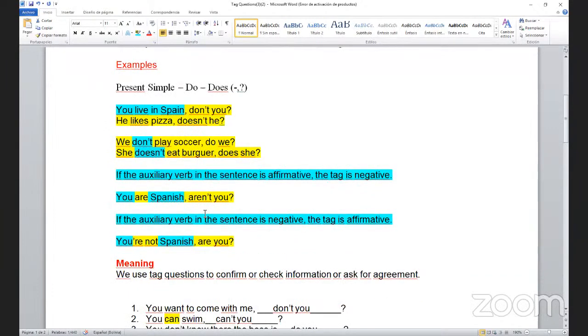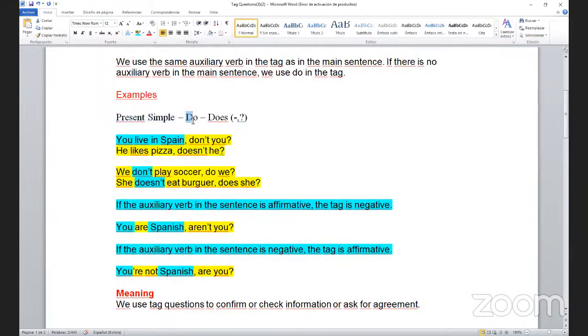Let's see other tenses. This one, for example, is simple present. In simple present, we have to remember that we use do or does as auxiliaries. But we use these two auxiliaries when we are talking about negatives and questions, because in affirmatives we don't use an auxiliary.